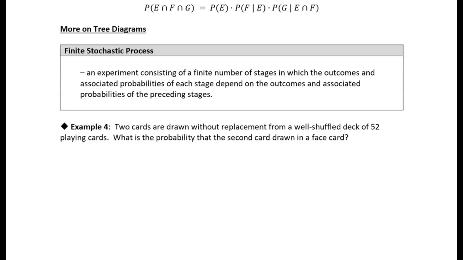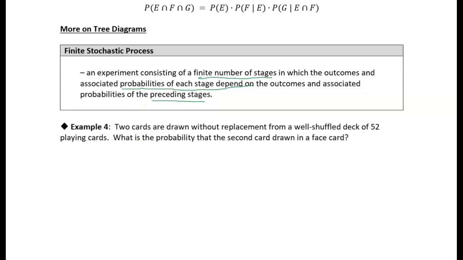So we have a finite number of events that happen, and their outcomes are determined stochastically, randomly. Let me underline that: we have a finite number of stages. The probabilities of each stage depend on the preceding stages, basically.